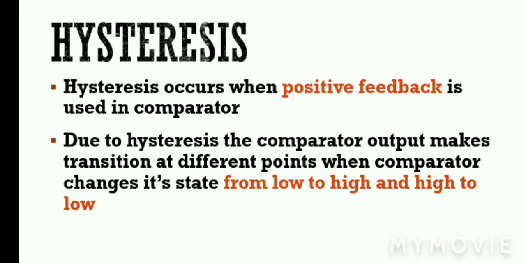Now, hysteresis. Whenever positive feedback is applied to the comparator, then hysteresis occurs in the circuit. Due to hysteresis, the comparator output makes transitions at different points when the comparator changes its state from low to high and high to low.